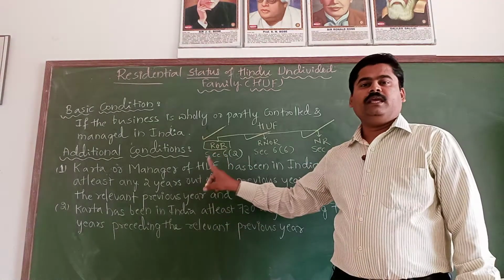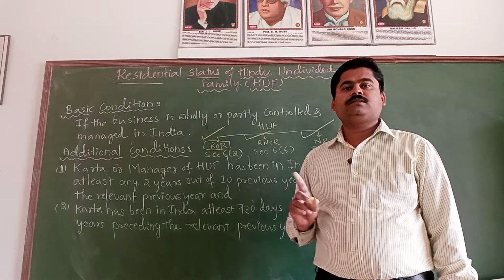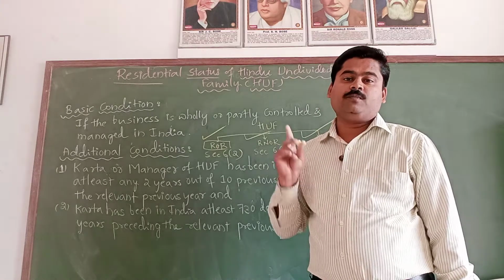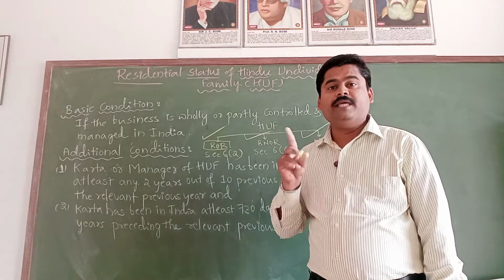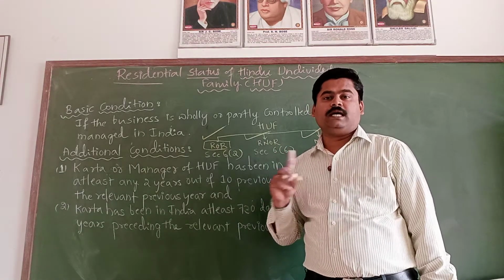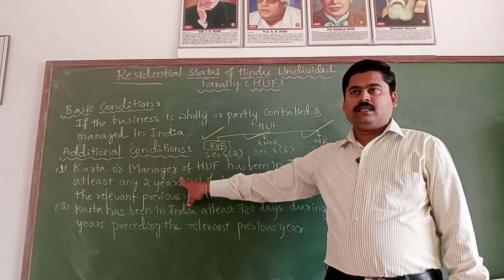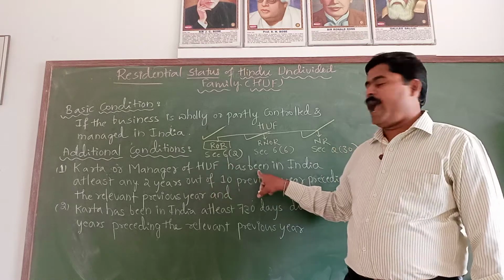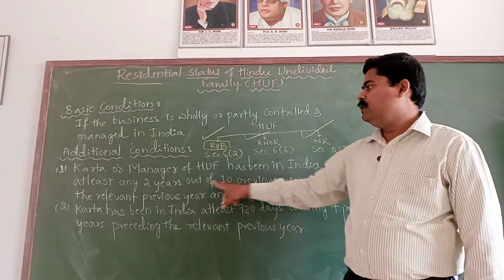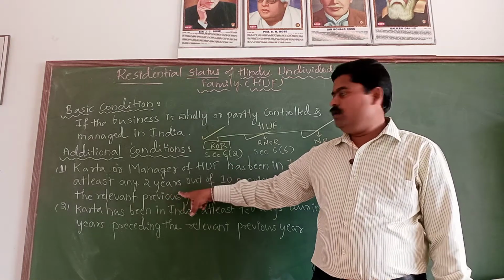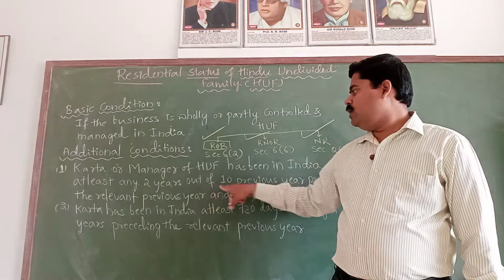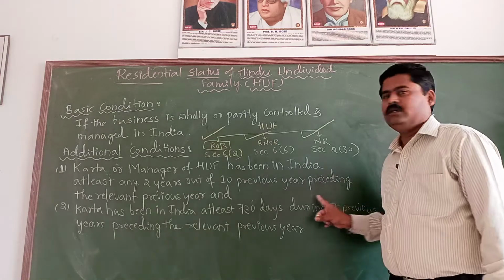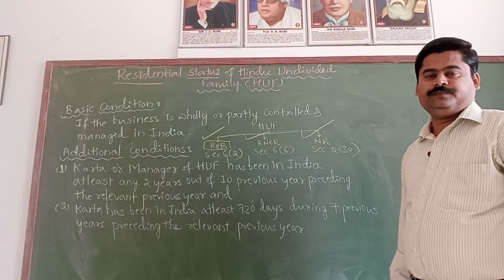One is that the Karta, meaning the head of the Hindu undivided family, the senior most person of the family or the manager of the family, is so called as the Karta. Either the Karta or manager of HUF has been in India for at least any 2 previous years out of 10 previous years preceding the relevant previous year.